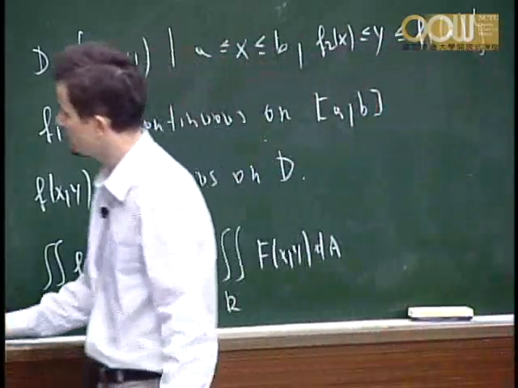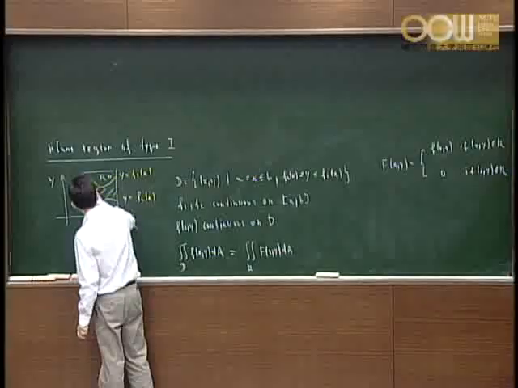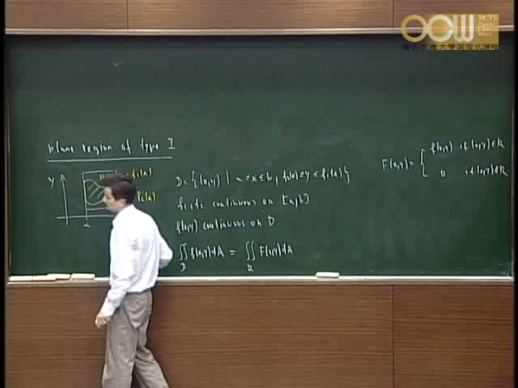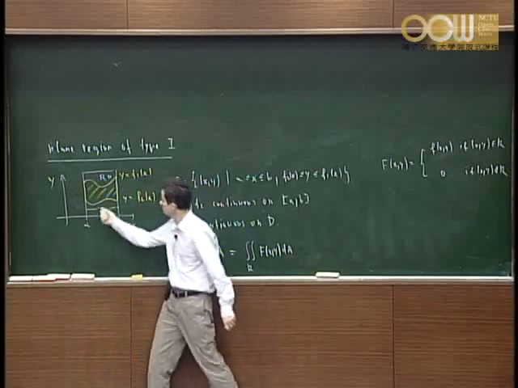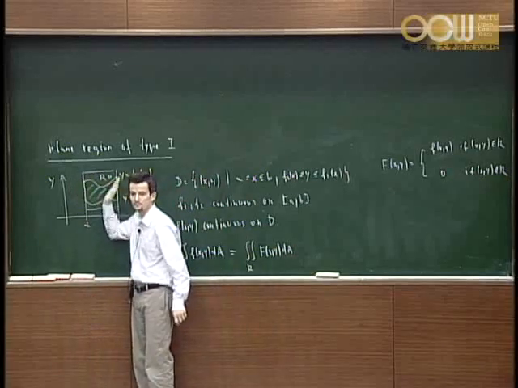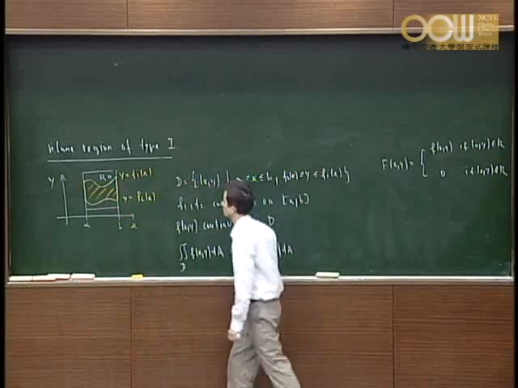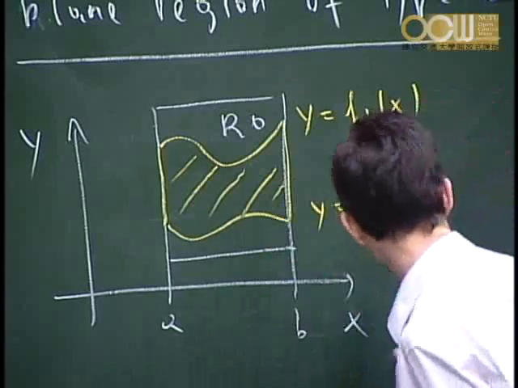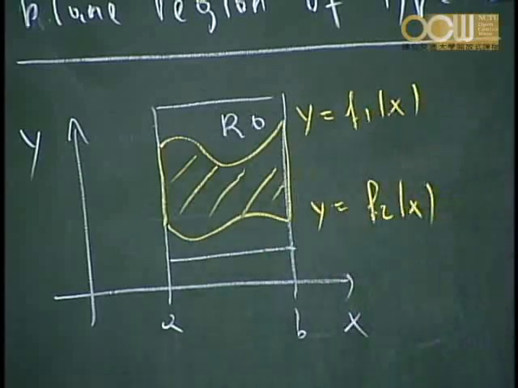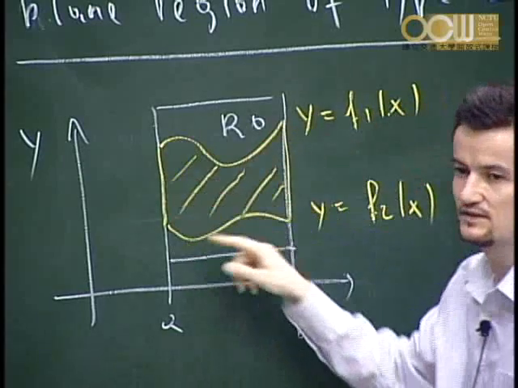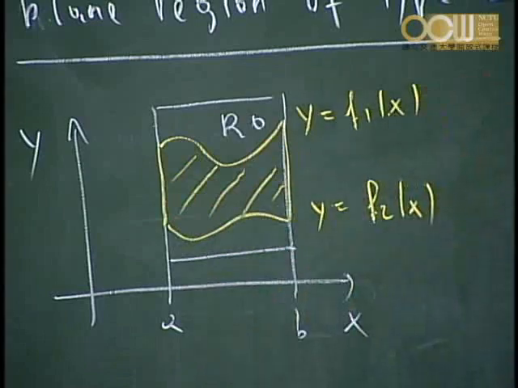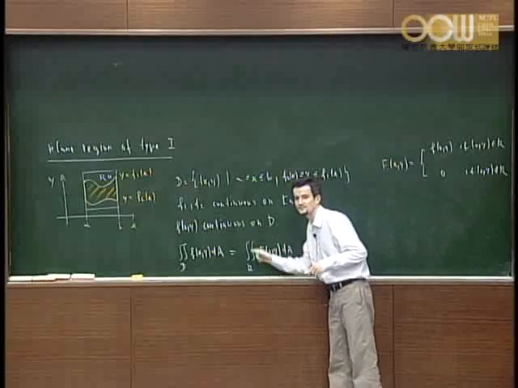You see, the boundary of D is given by this here. Even though there are some cusps, it doesn't matter, because there are not so many. The reason why this works is because f1 and f2 are continuous. That's why this boundary is not ugly. Because it's not ugly, this will exist.